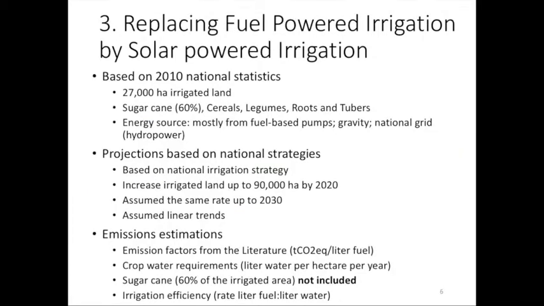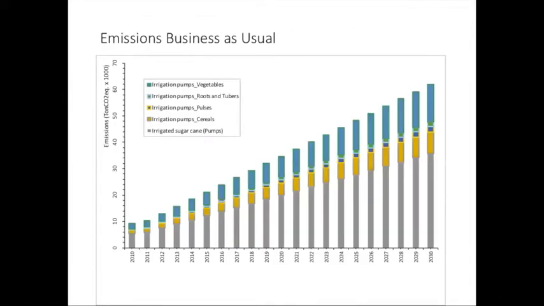The first option, which is the replacement of fuel-powered irrigation by solar irrigation, was based on the national statistics of the land that has been irrigated, the major crops that have been irrigated, and the major characteristics of the pumps that have been used and the source of energy used in those water pumps. And we made the projections and the emission estimations related to that.